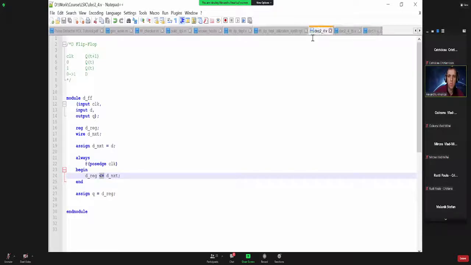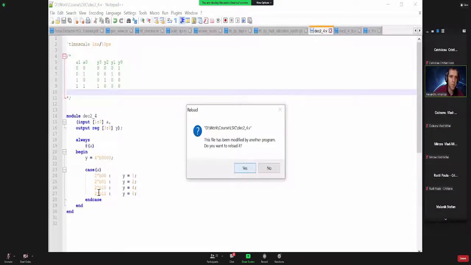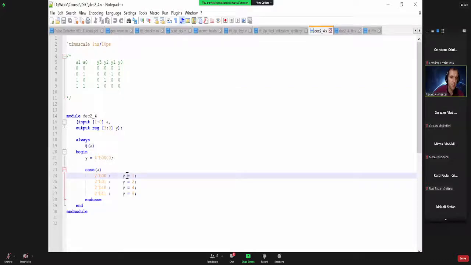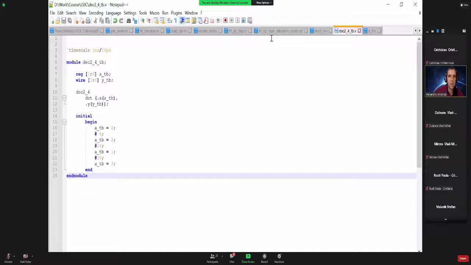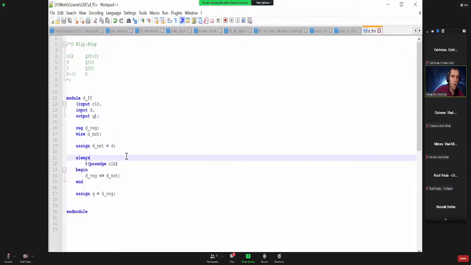When you use combinational logic, use this blocking assignment. So do you see the difference? Yeah, this is also a very Verilog-specific thing. Okay. Questions?